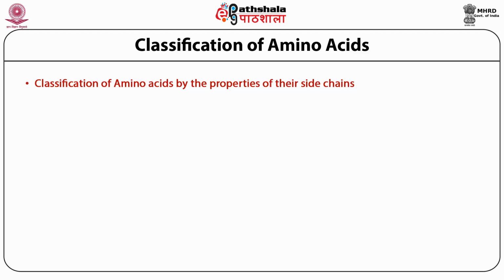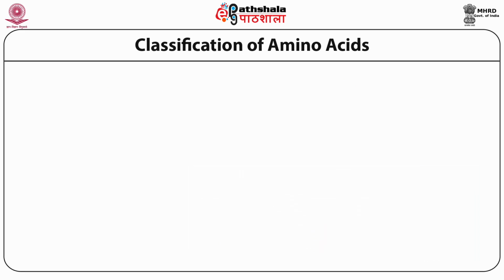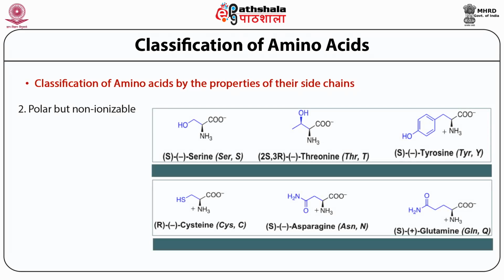First, the non-polar side chain, where the side chain is non-polar in nature. The examples include glycine, alanine, valine, leucine, isoleucine, methionine, proline, phenylalanine, tryptophan, etc. The second classification is amino acids having a polar but non-ionizable side chain, for example, those containing a hydroxyl group, sulfhydryl group or amino group.